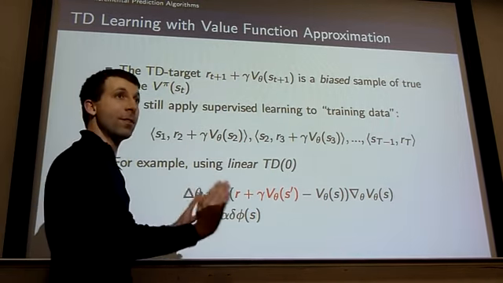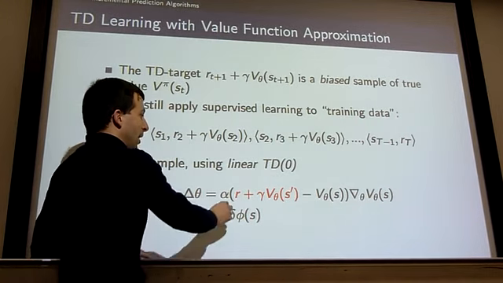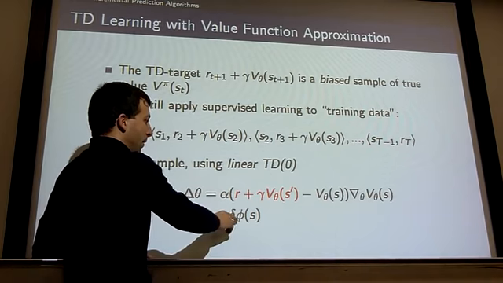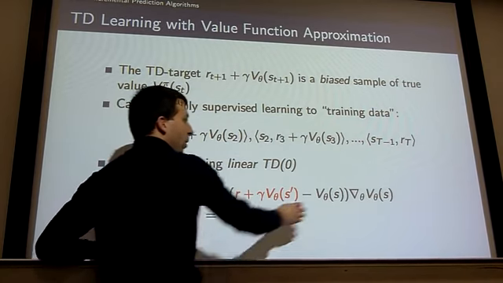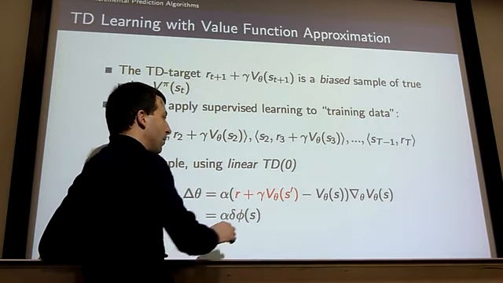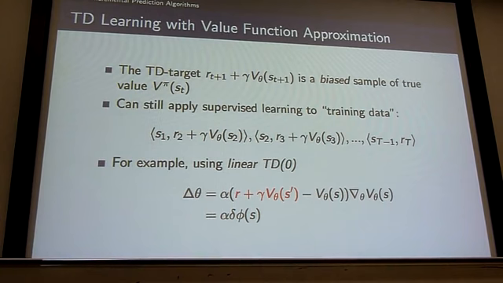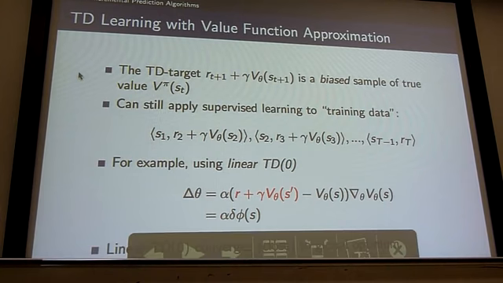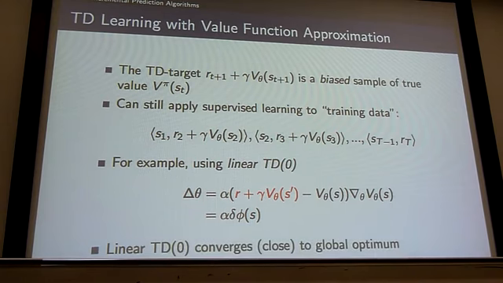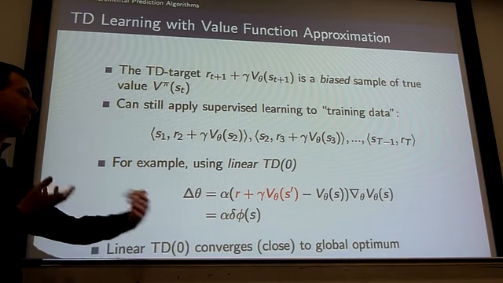So let's just look at the algorithm first and understand what it's doing. We're updating the parameters a little bit in the direction of this TD error, the difference between what we thought we were going to get and our revised estimate of what we were going to get after taking one step, multiplied by our feature vector. And the good news is that despite the fact that we've just done this by substitution, if we're using a linear function approximator, then this still converges somewhere close to the best you might hope for.